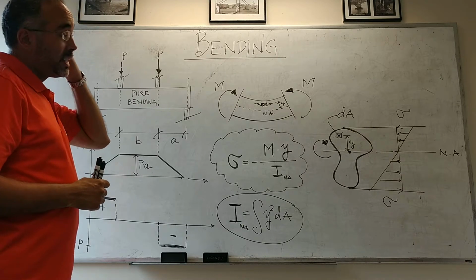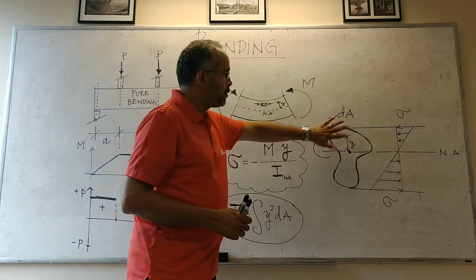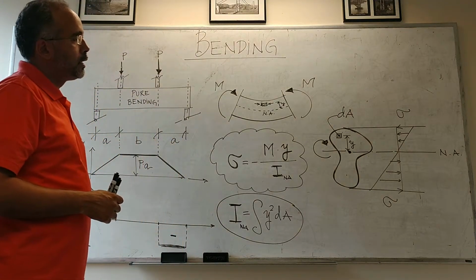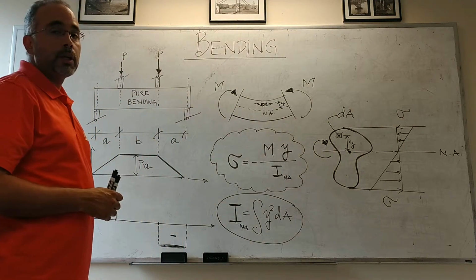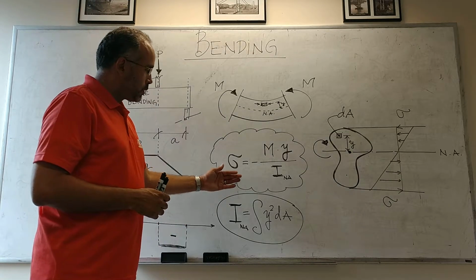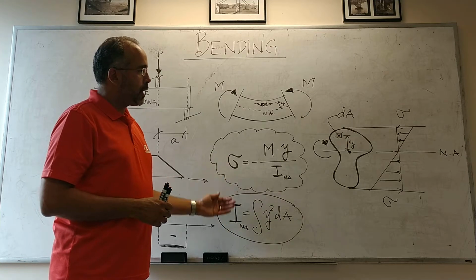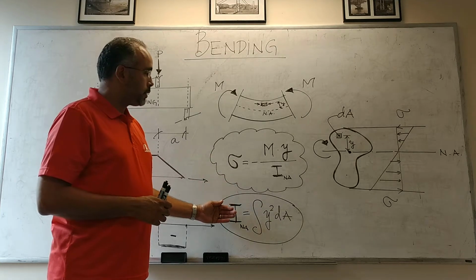So if you integrate dA, you get the moment of inertia contributed by the whole cross-sectional area. So the key feature again, moment of inertia around the neutral axis.